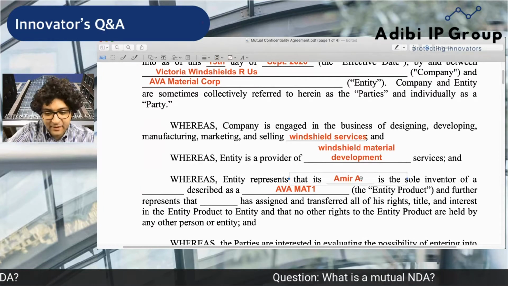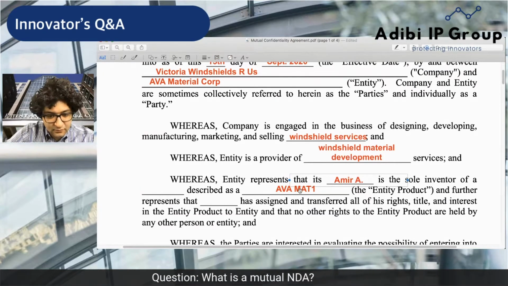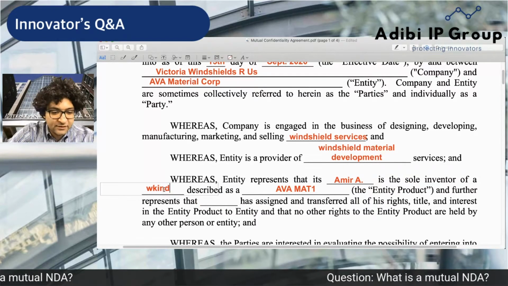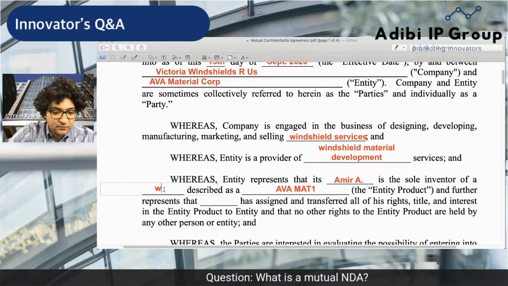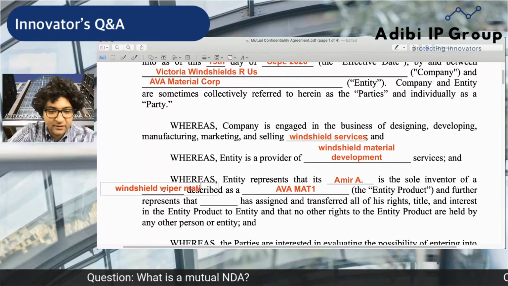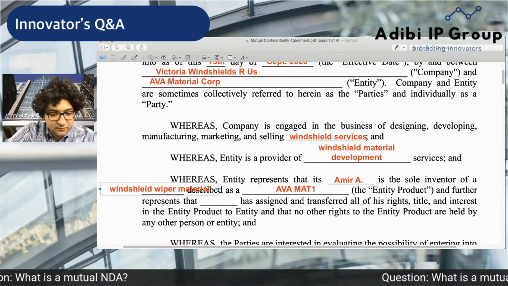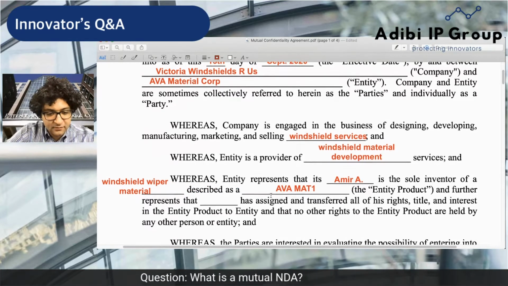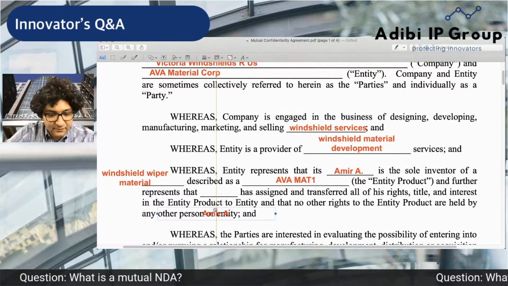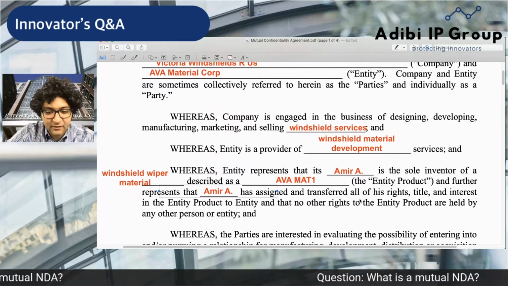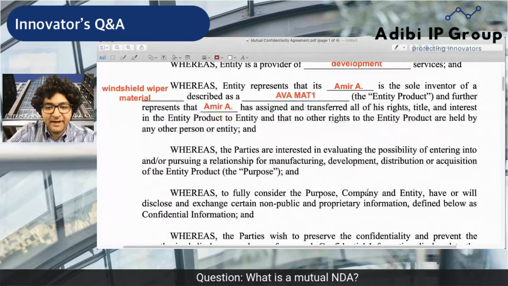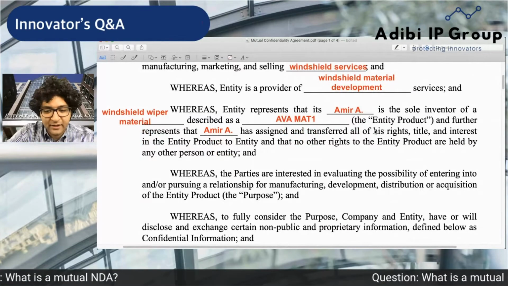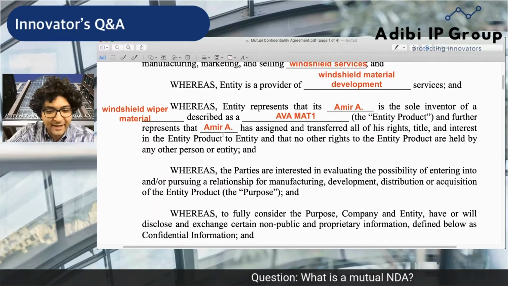You guys know my last name already. So windshield wiper material. I gave it the code name AVA Mat1. And I've assigned it to my company. So Victoria knows that my company, AVA Material Corp, owns my intellectual property described in a patent application.